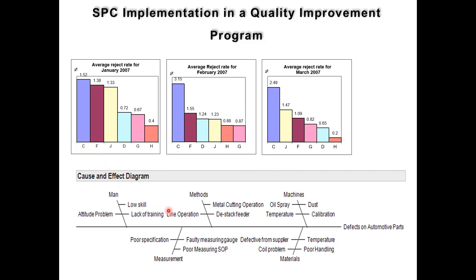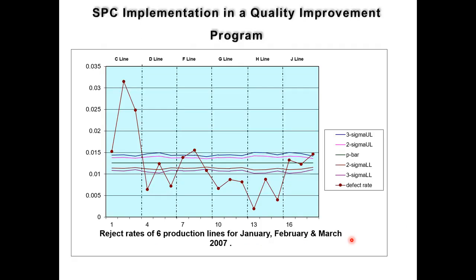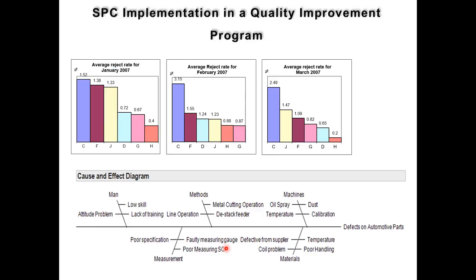So this is the respective cause and effect diagram for this case study. And this is the control chart on the reject rates of 6 production lines for January, February, March, 2007. This actually comes from this data set.